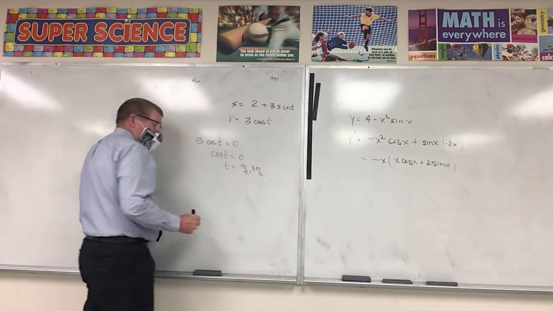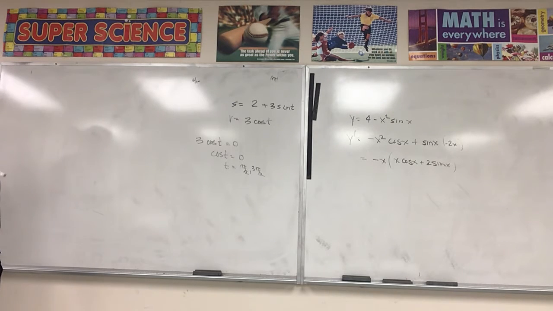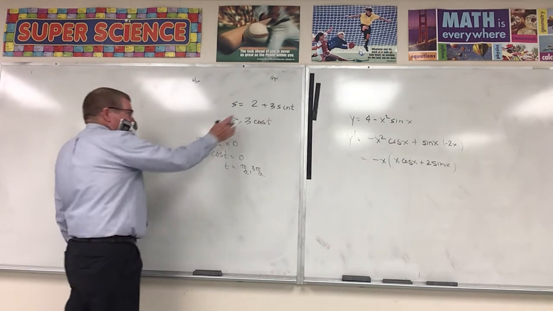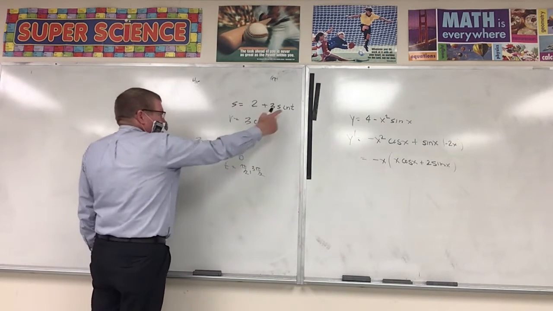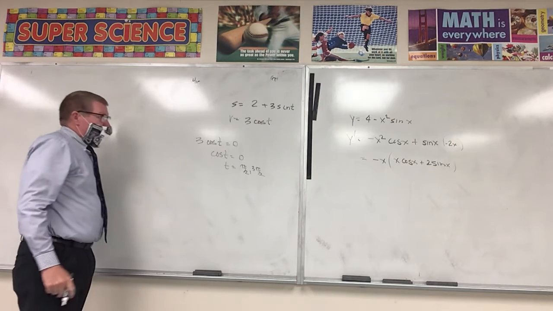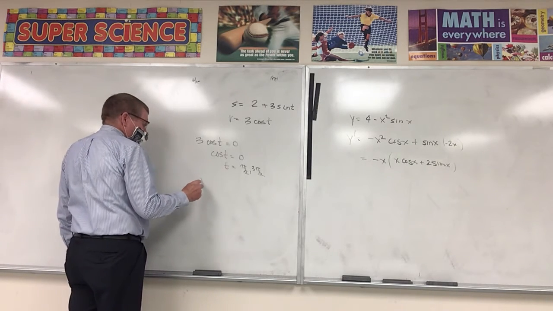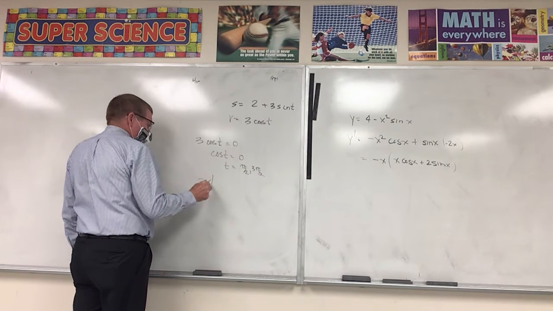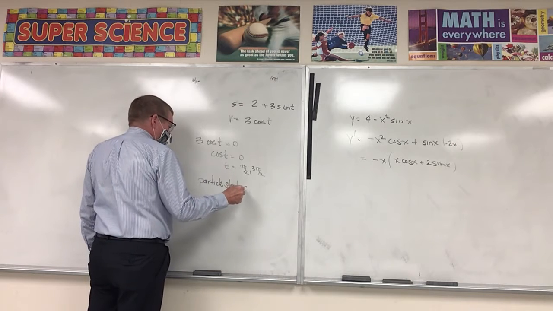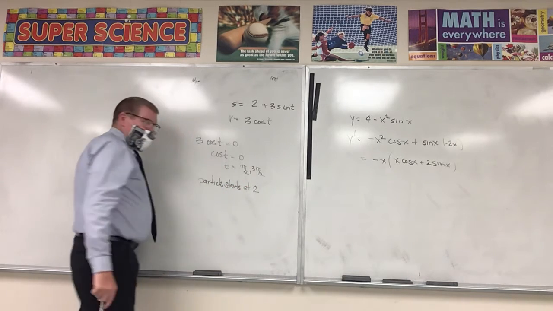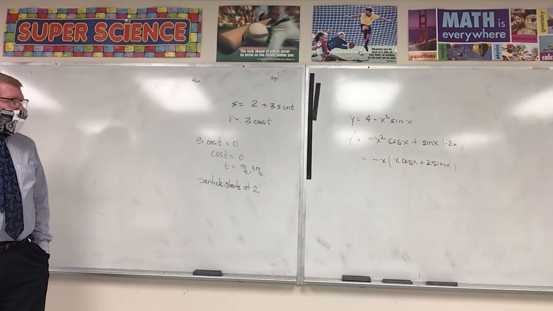All right, where's the position starting at? 2. Put 0 in for sine. Sine of 0 is 0. Times 3 is 0. Plus 2 is 2.